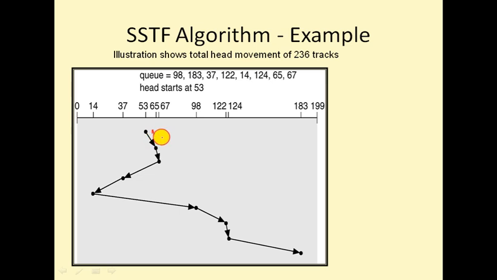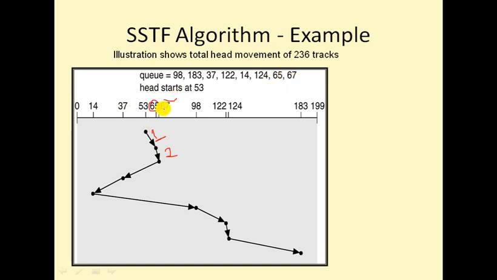Now the head is at 65. From 65, obviously 67 is the nearest one, so from 65 to 67 is my second move. Now the head is at 67. From 67, which one is near?